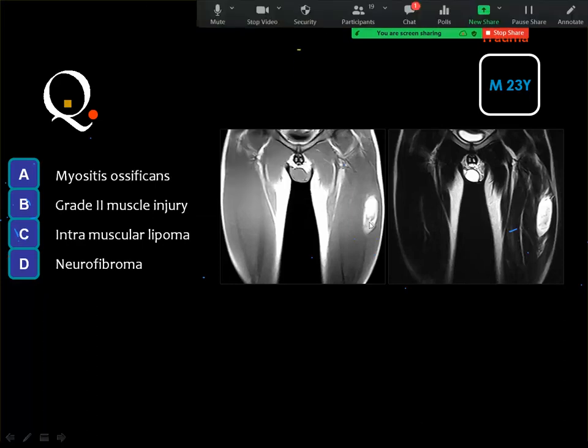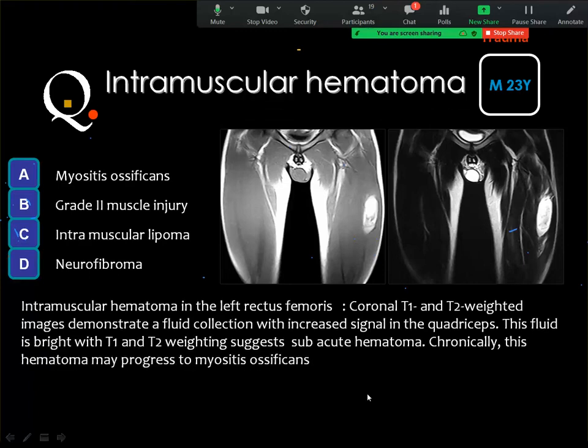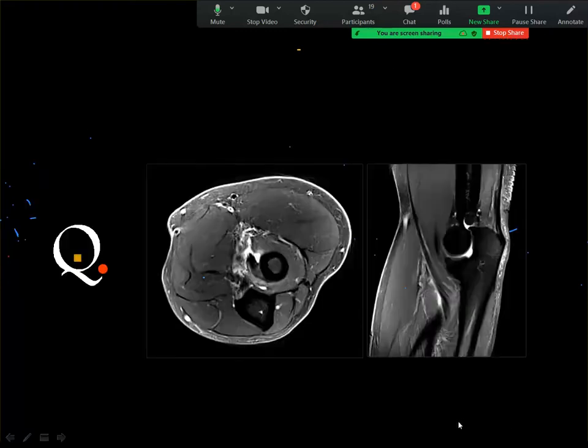This is a bright lesion in the T1 and also a bright lesion in the T2 weighted images, indicating the presence of blood. And the blood within the muscle is an indication of grade 2 muscle injury. Grade 1 muscle edema, grade 2 muscle hematoma, grade 3 muscle disruption and atrophic changes. This is grade 2 muscle injury or intramuscular hematoma.